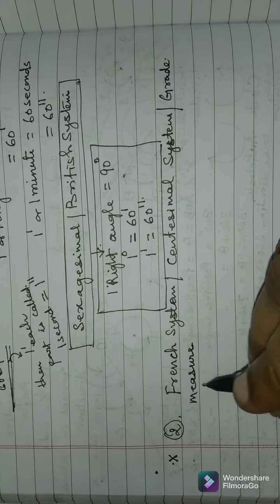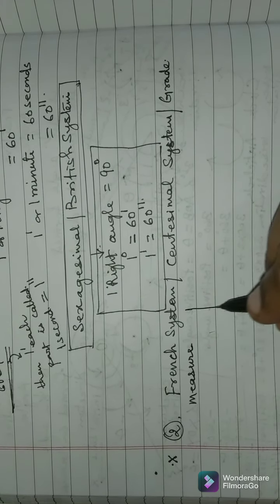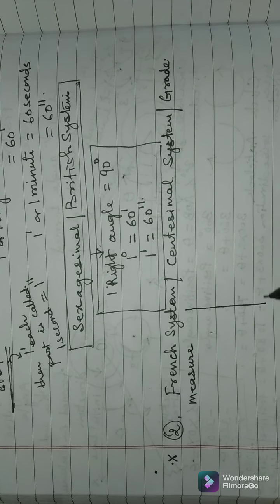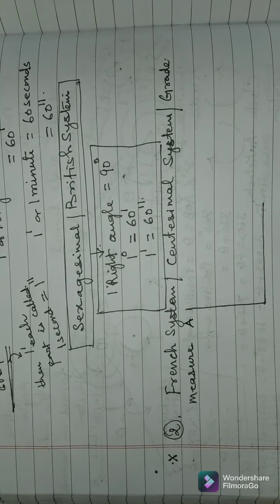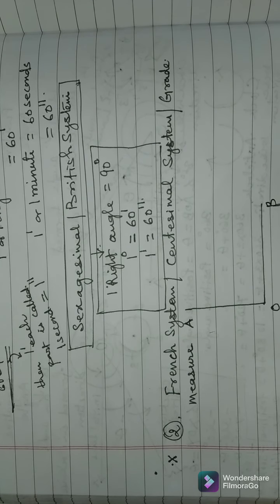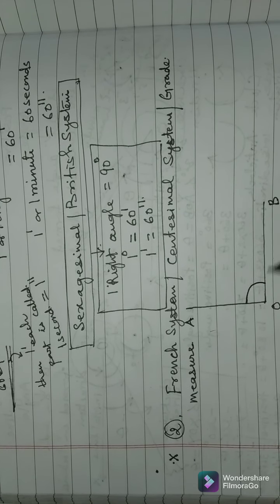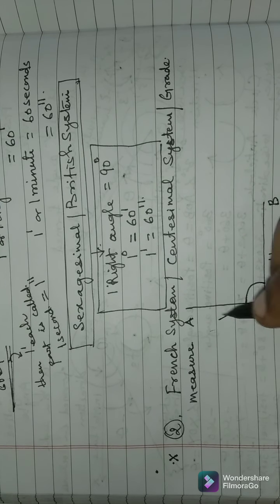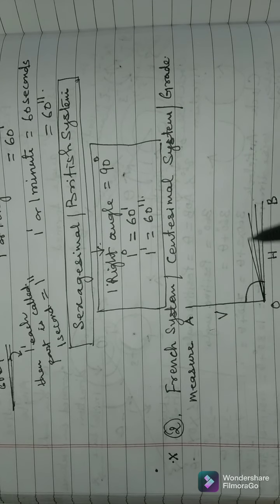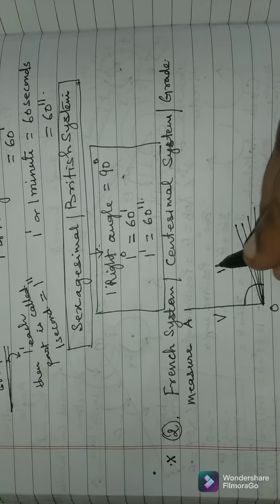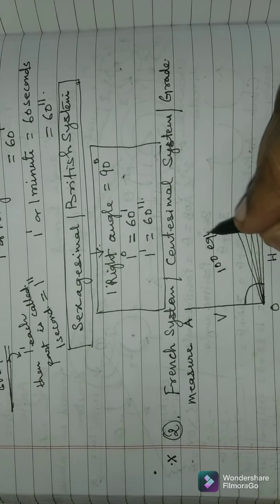So here in grade measure or the French system, suppose I am taking one right angle, because one right angle is the angle between a horizontal line and a vertical line, and this angle is divided into 100 equal parts. How many equal parts? 100 equal parts.